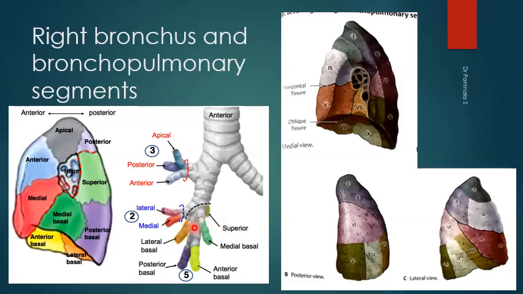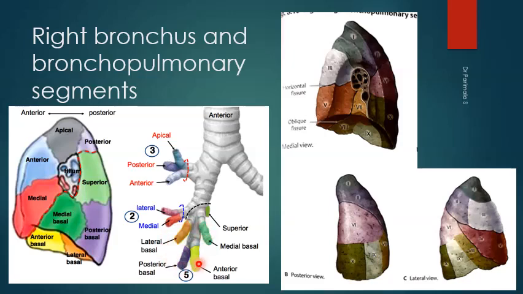Then the remaining part of this hyparterial bronchus here supplies the lower lobe of the right lung by 5 tertiary branches: superior, medial basal, anterior basal, posterior basal and lateral basal.